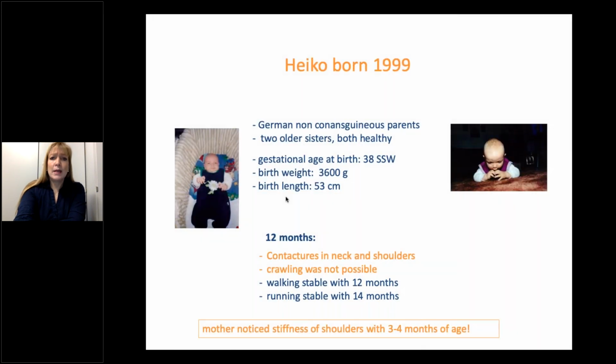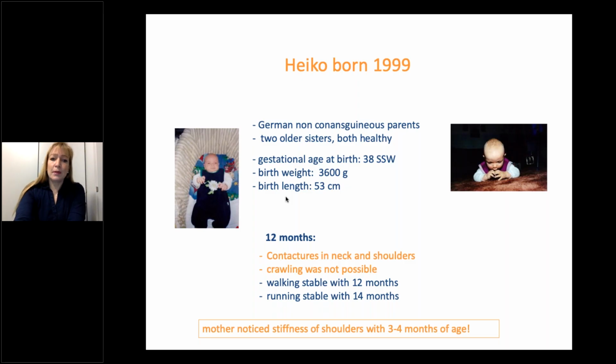This is Heiko, and he was born to German parents. He was of normal height and weight when he was born, and the mother realized at the age of 3 to 4 months that he has a kind of stiffness of the shoulder, and she was surprised about that.